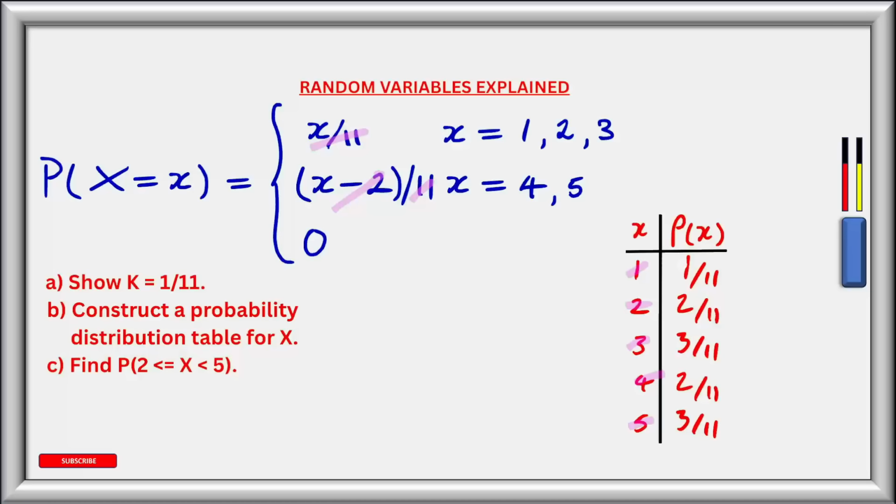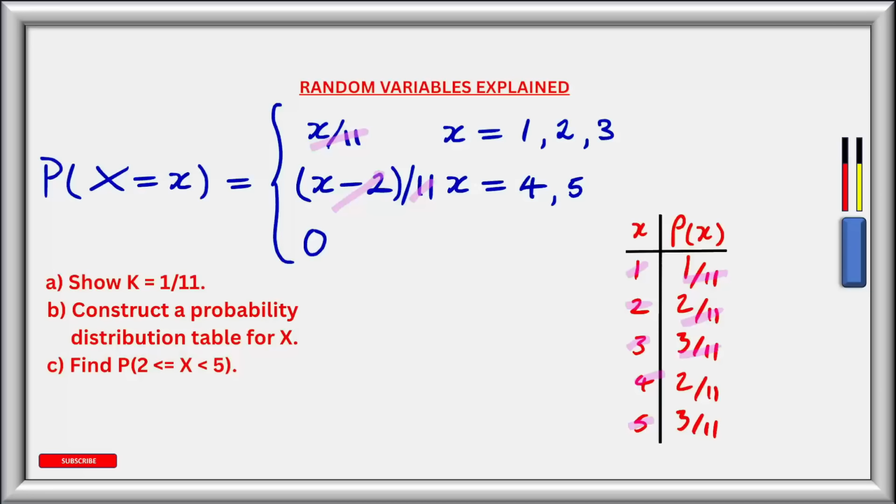And when x is equal to 1, we substitute the value of 1 for x in the function x divided by 11, and we get 1 over 11. When x is 2, we substitute 2 into the function x divided by 11, and we get 2 divided by 11. And when x is equal to 3, we substitute for x in the function x divided by 11, and we get 3 divided by 11.